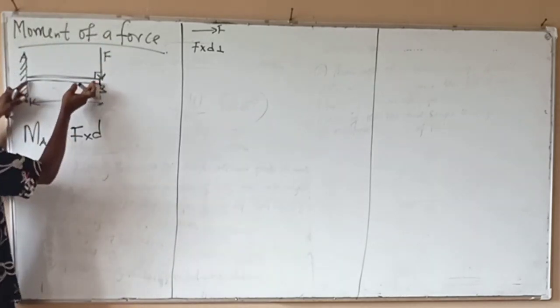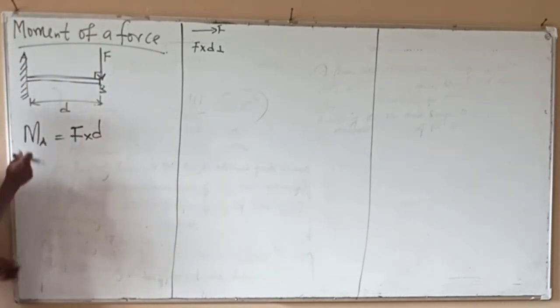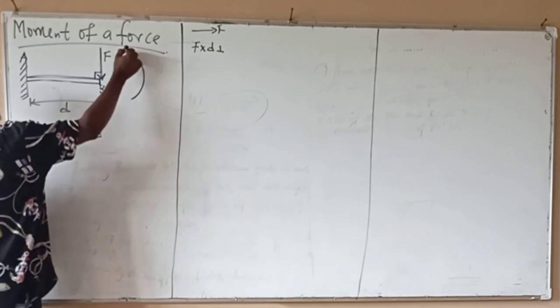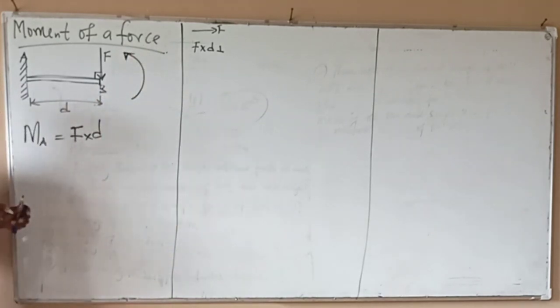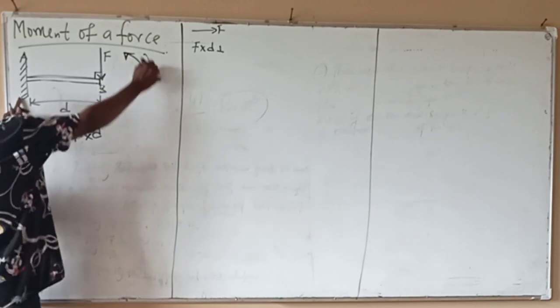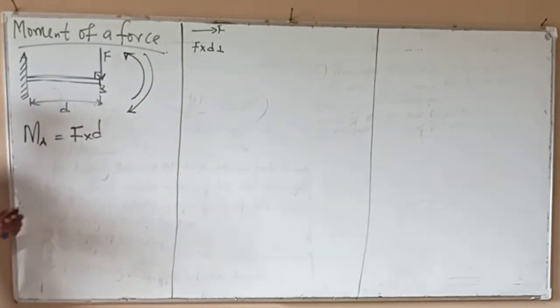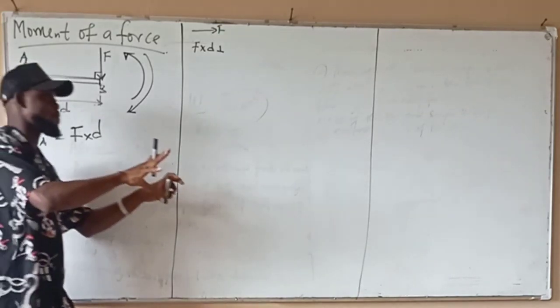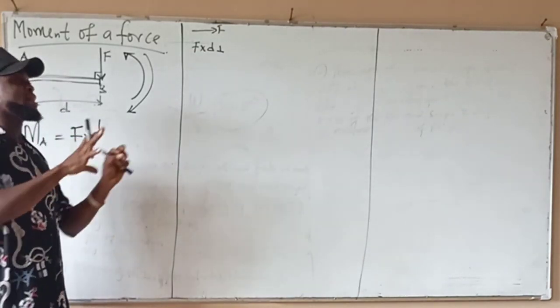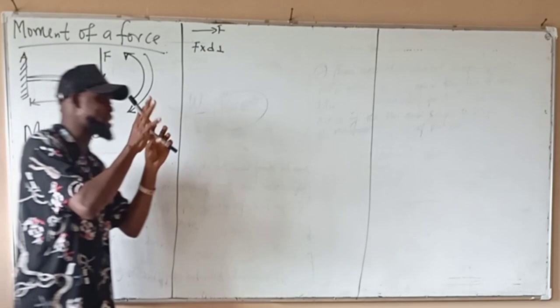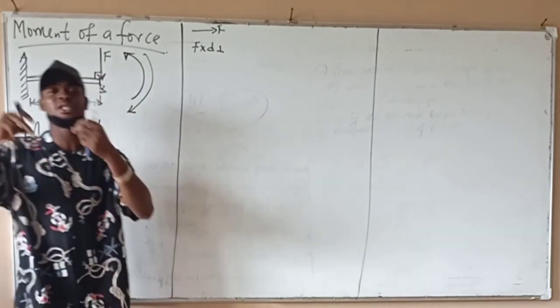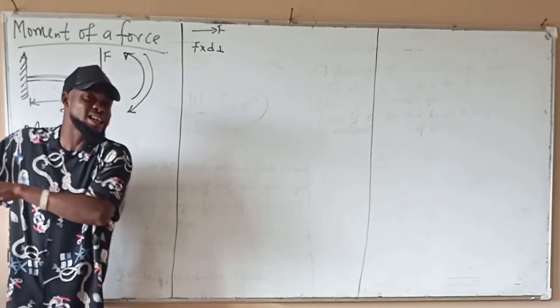A moment that tends to rotate it towards this side is called an anti-clockwise moment. The one that will rotate the beam in the clockwise direction is called a clockwise moment. So the sum of all the clockwise moments must be equal to the sum of all the anti-clockwise moments.